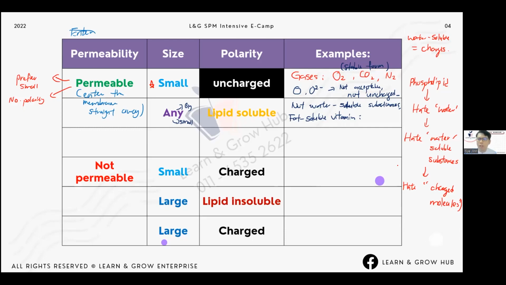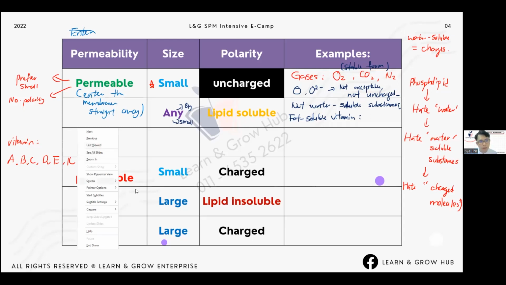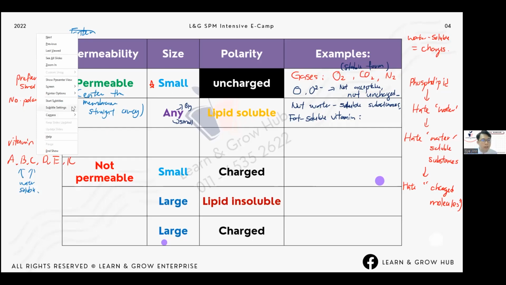Among all the vitamins, we have A, B, C, D, E, and K for SPM. How do we remember which is fat soluble or water soluble? Very easy. For water soluble, there are only two, vitamins B and C only. All the others are fat soluble.